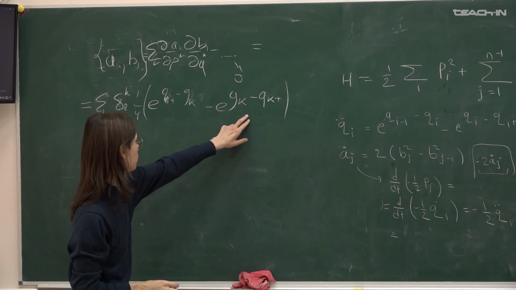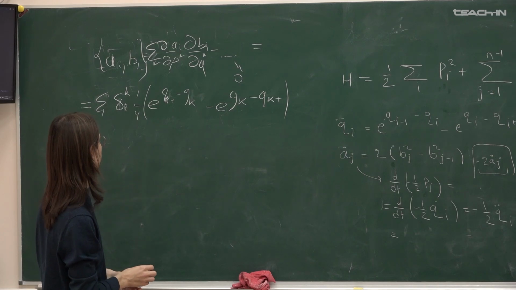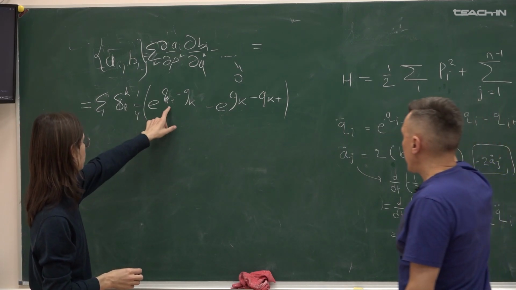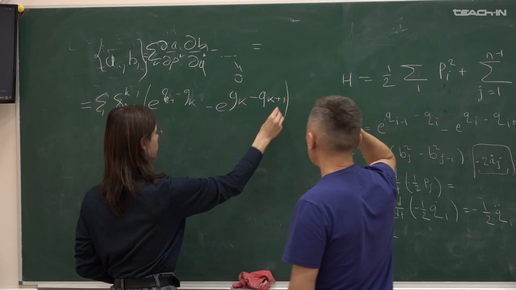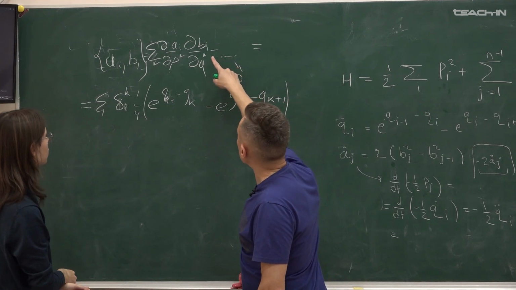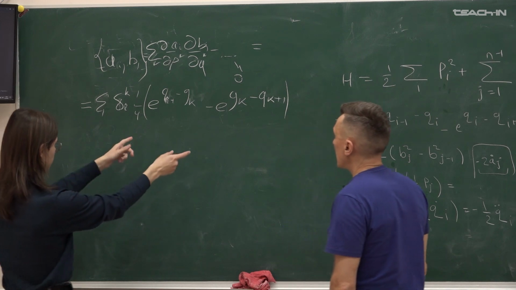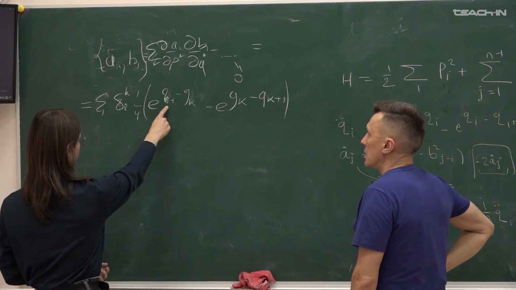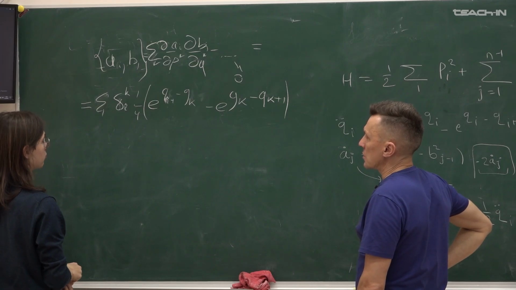Yes, this one. And I have already written it with the substitution. But there should be somewhere the Kronecker symbol with j. I have already substituted, because the right side doesn't depend on j.